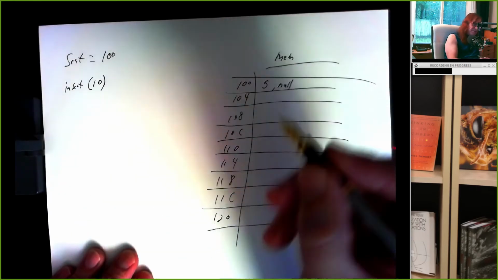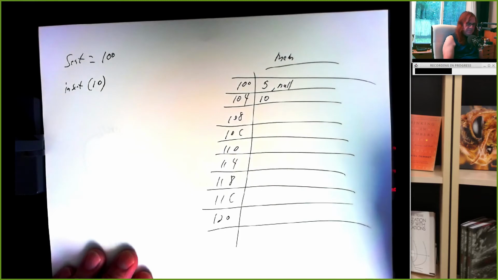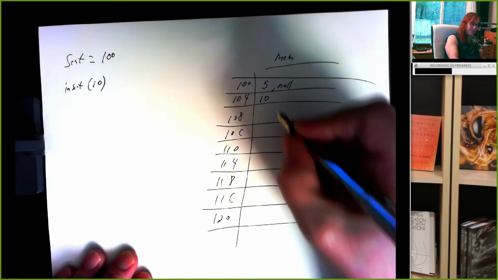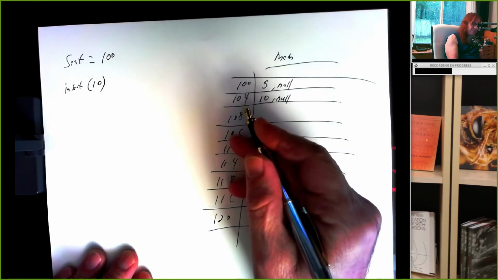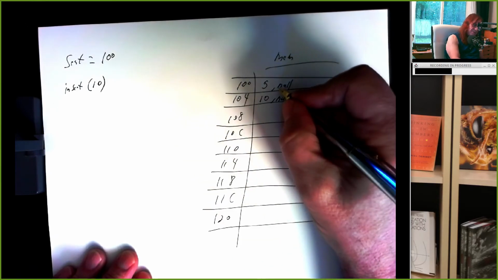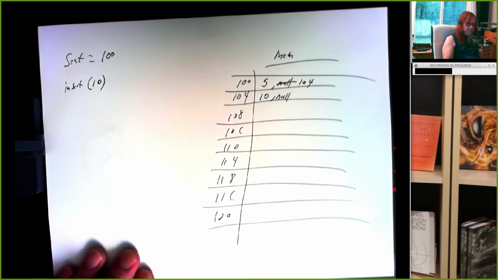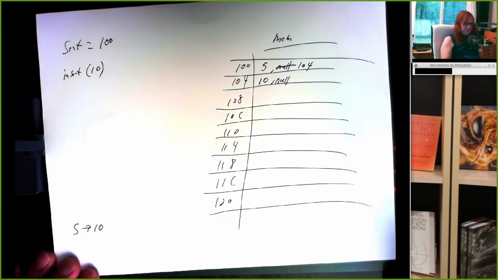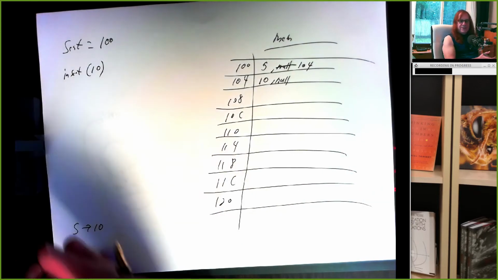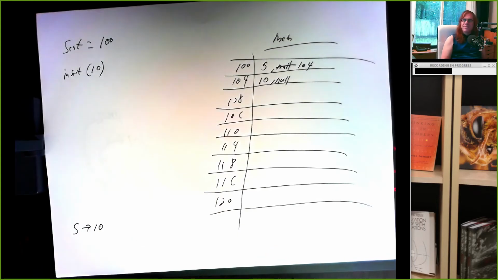We're going to store a 10 here, and that's going to be the last thing in the list, so it's going to point to null. The sentinel is going to point to that first node, so this is going to change to a 104. So what we've got now is our sentinel pointing to 10, and the 10 points to null. I'm not going to draw an arrow; I'm just going to leave it with nothing on there to mean it's pointing to null.